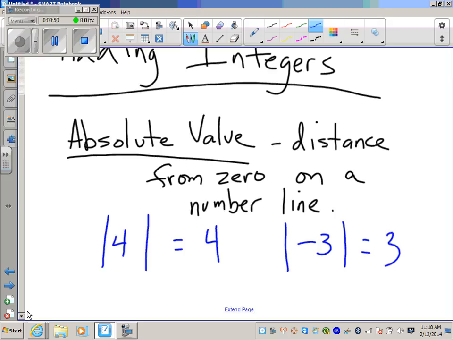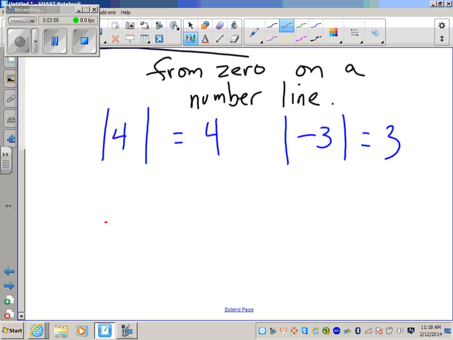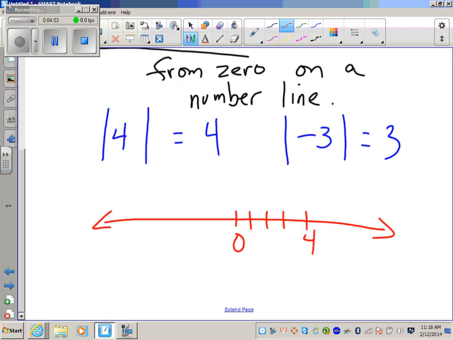If I were to use a number line to try to find both of these values, okay? If I looked at a number line and I wanted to find out what's the distance from 0 for a positive 4, I would count off. Here's my 0. 1, 2, 3, 4.